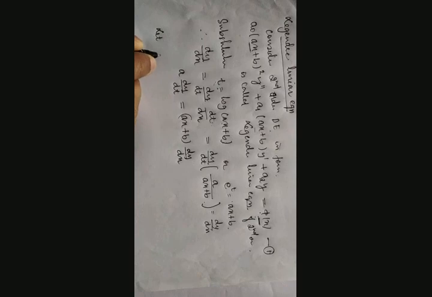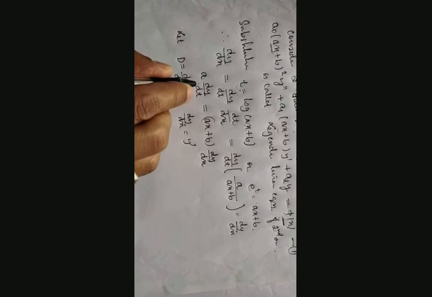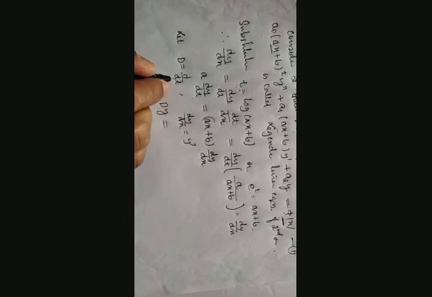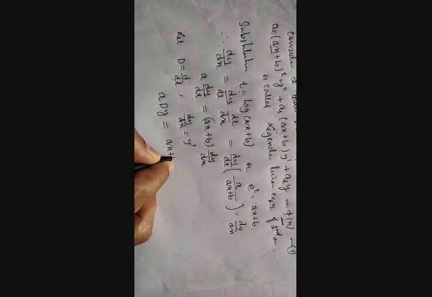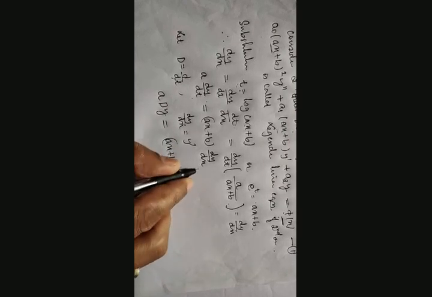Let us take capital D, which is nothing but d by dt, and dy by dx will be taken as y dash. Then we get a into Dy is equal to (ax plus b) into y dash.